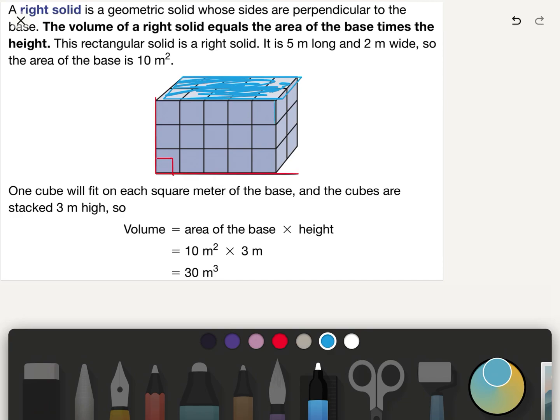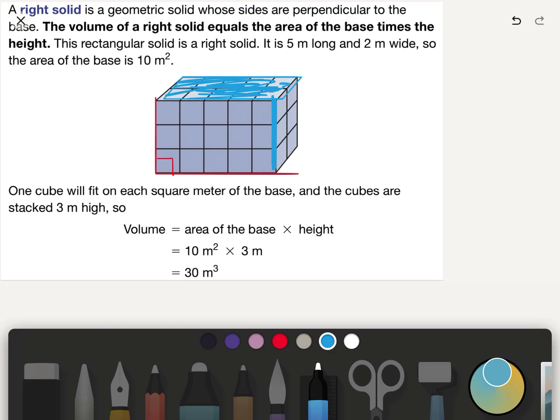The base multiplied by the height will get you the volume. And that's essentially what we've been doing: we multiply the length by the width as our first step anyway, and then we multiply that by the height, and in this case it's about the same thing.